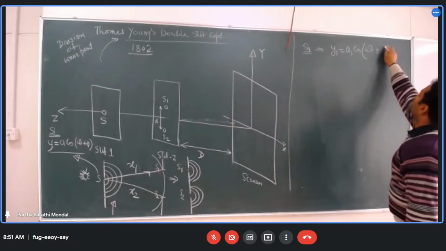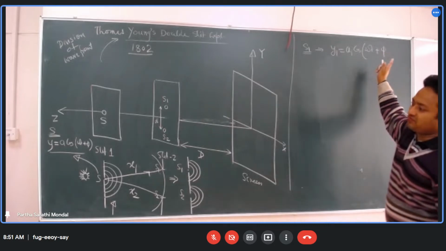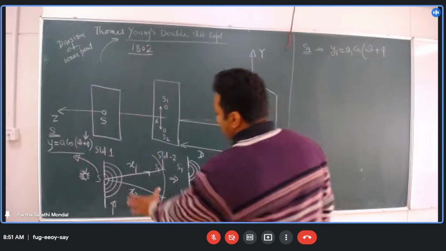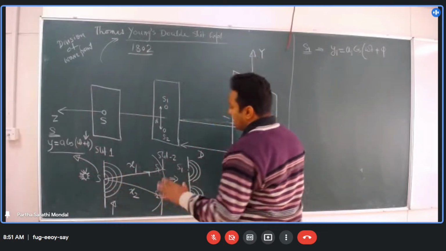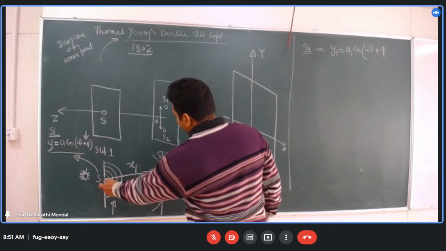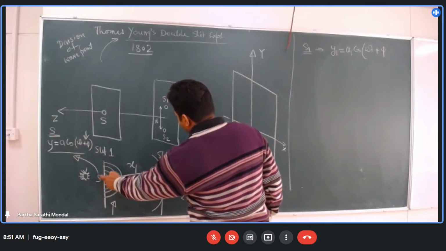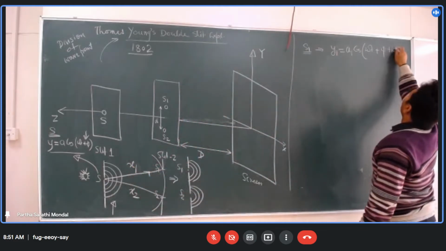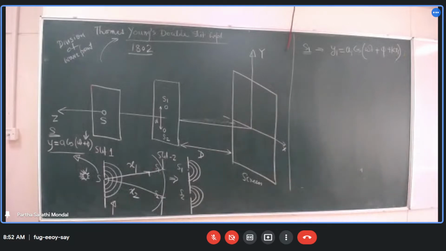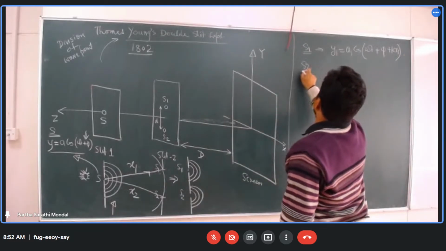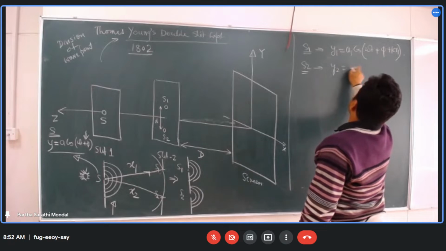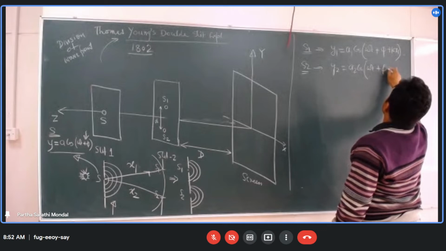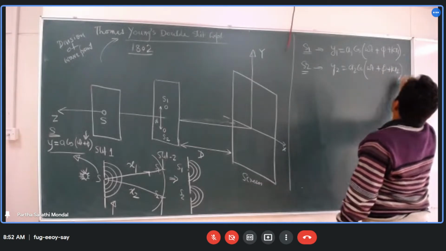Let's say it travels an x1 path and the other travels an x2 path. The initial phase phi of the original light remains the same, and some phase will add up because of the travel of the wavefront. If it has traveled the x1 path, it will add up like this. Similarly, for the S2 source, y2 equals a2 cos(omega t plus phi plus k x2).